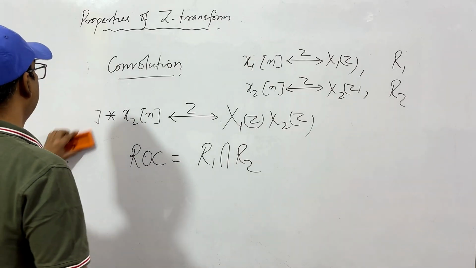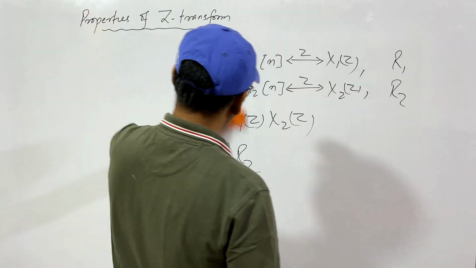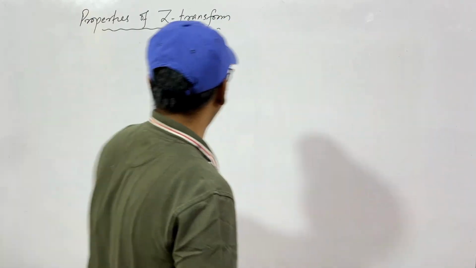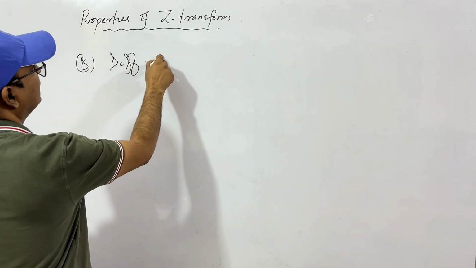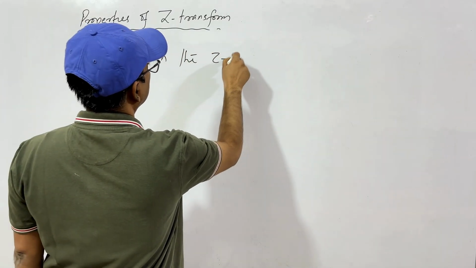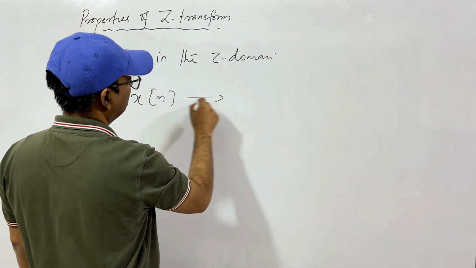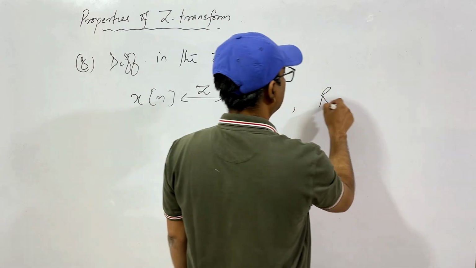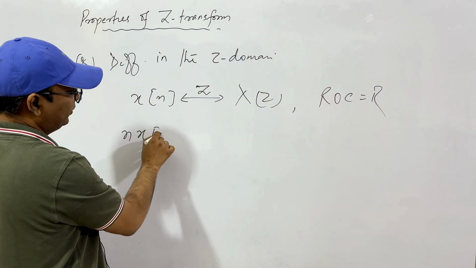The 8th property, we have already seen it. Let's see it as a property. It's differentiation in the Z domain. If the transform pair is x[n] and X(z), with region of convergence R, then n into x[n], we have seen this.